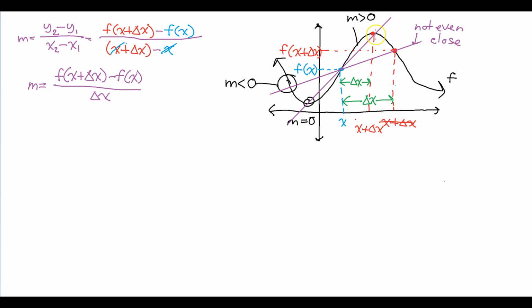Okay, let's move the red point even closer. So now it's over here. This is x plus delta x. And I won't even write delta x, but this green arrow is now the new delta x. So I'm going to draw the purple line now.